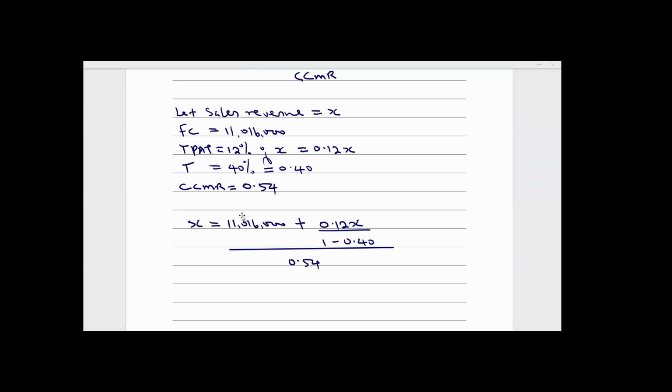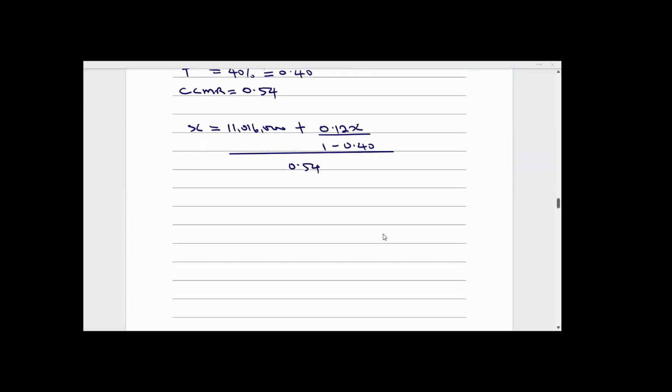So X is equal to 11,016,000 plus 0.12 divided by 0.6, which gives 0.20 of X, then everything divided by 0.54.